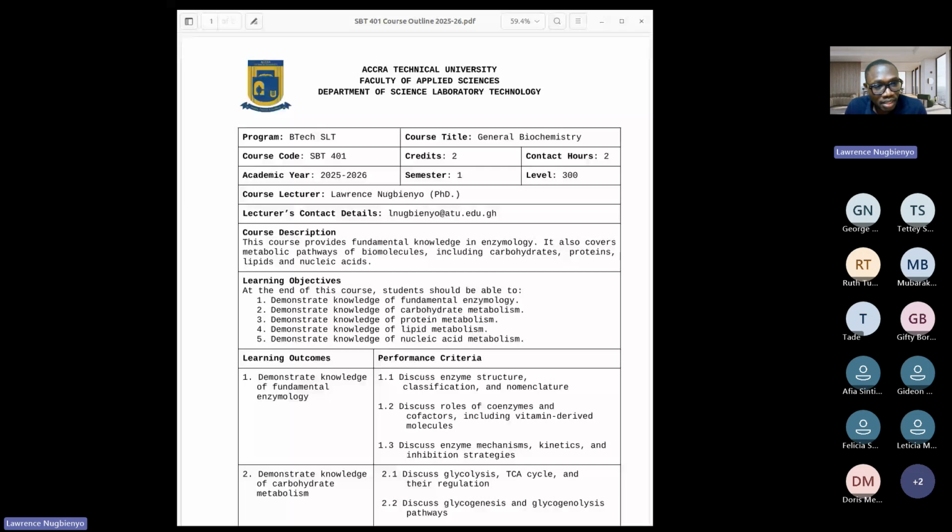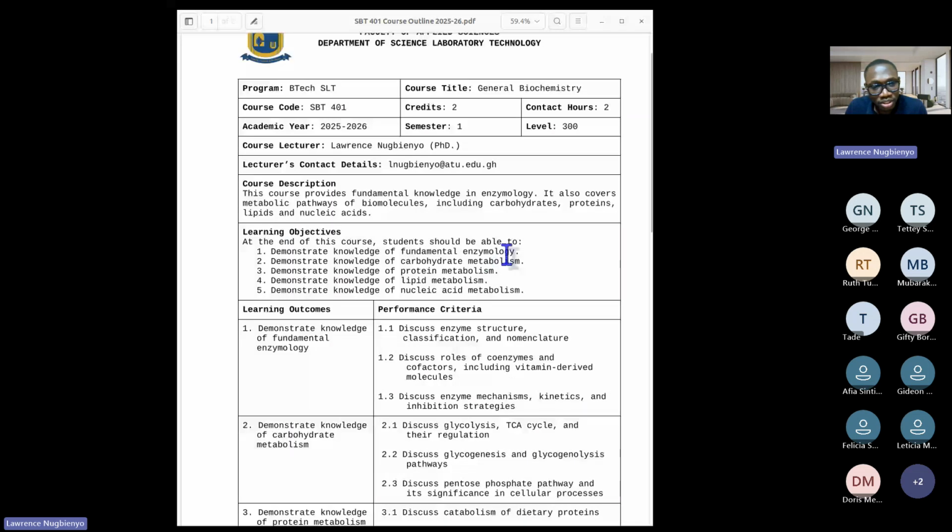So on the course outline, we have 5 main objectives under the course. The first is on fundamental enzymology, so some studies on enzymes.